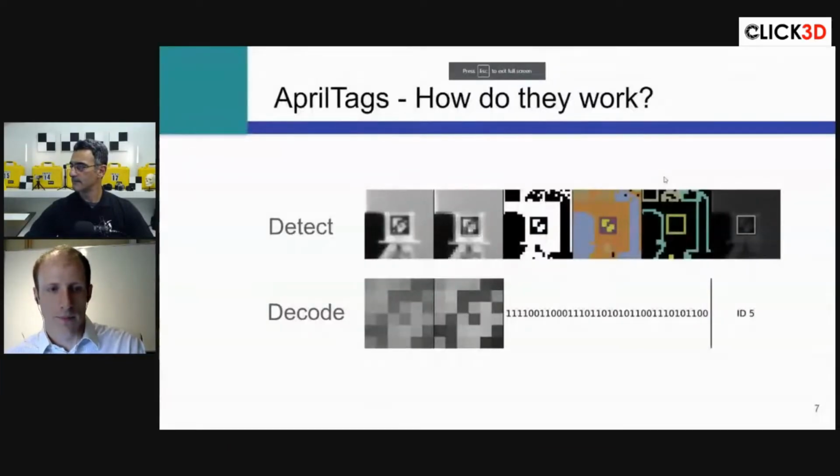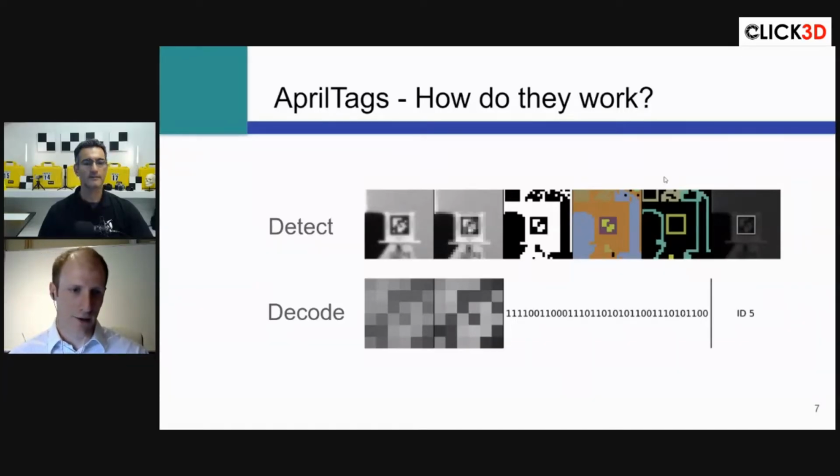Then step one is to downsample it a little bit, so we don't actually need all the pixels. Then we threshold it, taking our grayscale image and turning it into black and white. And then we find connected components. That's the weird colored one there, where we're finding all the areas of black that are contiguous, all the areas of white that are contiguous.